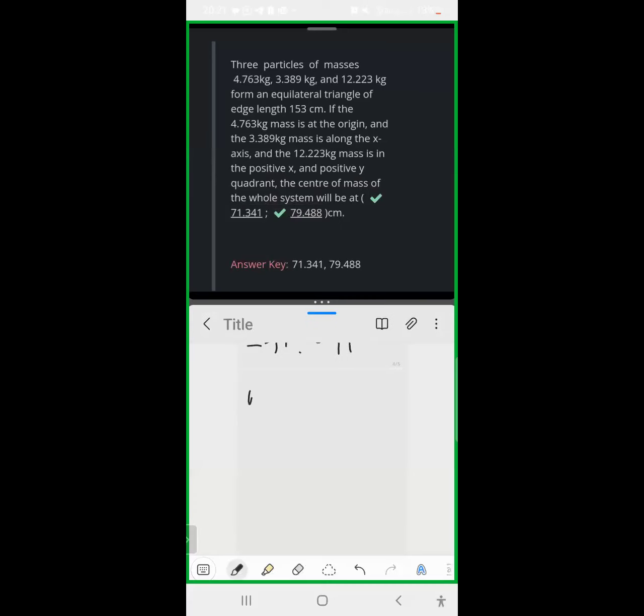The y center of mass is equal to the mass of A multiplied by the y coordinate of A, or rather, I meant to say the distance where A is located from the origin, plus the mass at B multiplied by the y coordinate at B, plus the mass at C multiplied by the y coordinate at C, divided by the total mass.